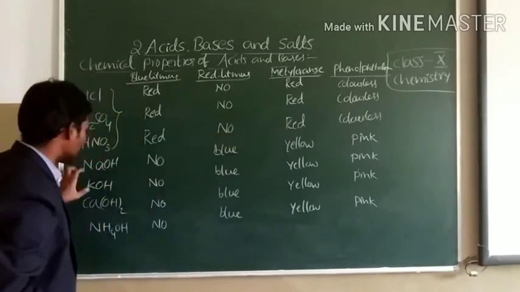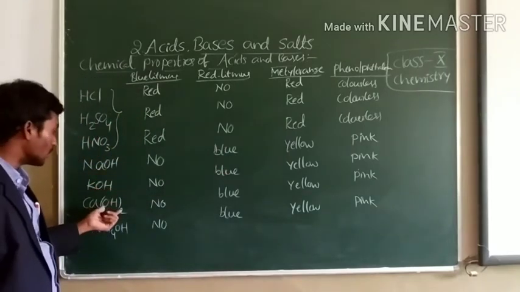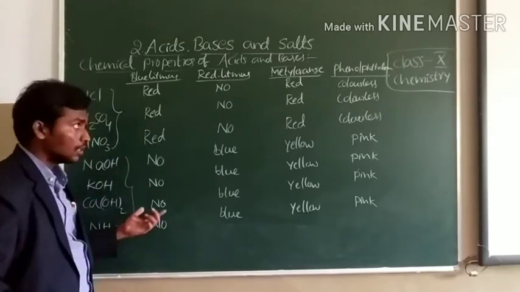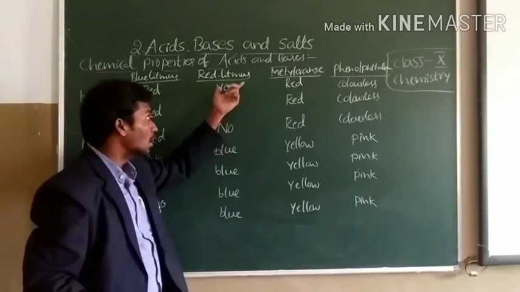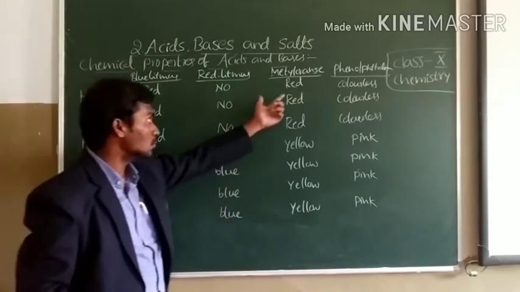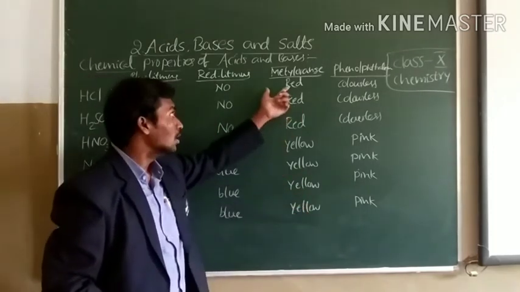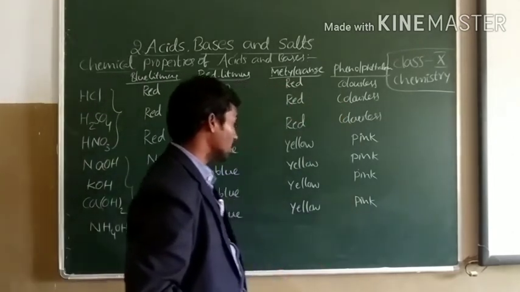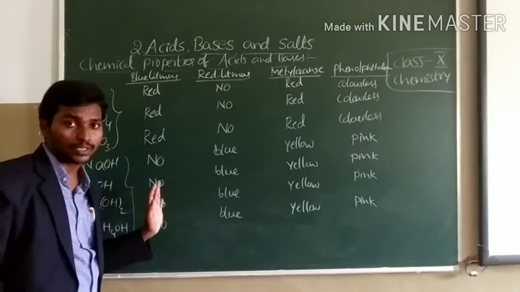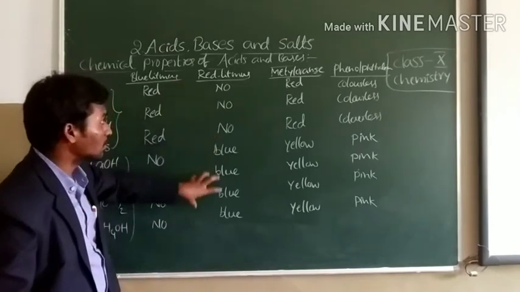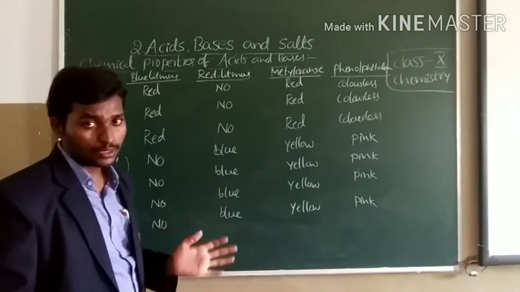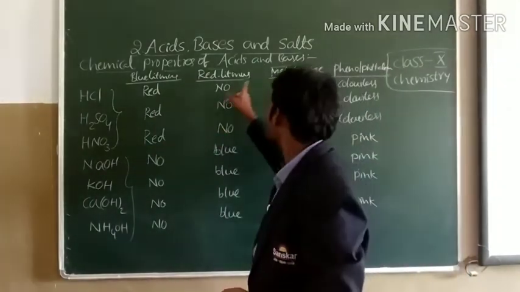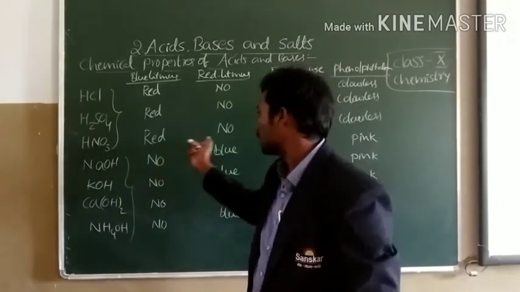Next, the remaining substances like sodium hydroxide, potassium hydroxide, calcium hydroxide and magnesium hydroxide are examples of bases because they turn red litmus to blue and show yellow color in methyl orange and pink color in phenolphthalein indicator.